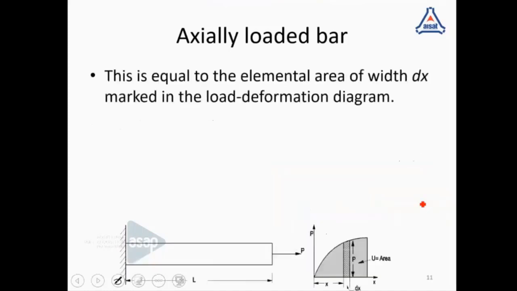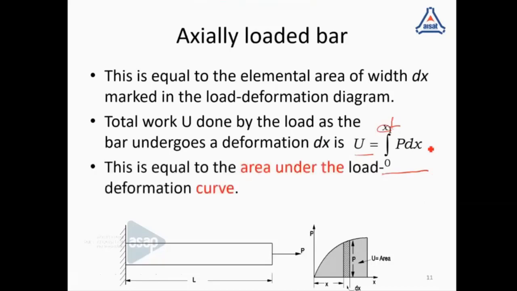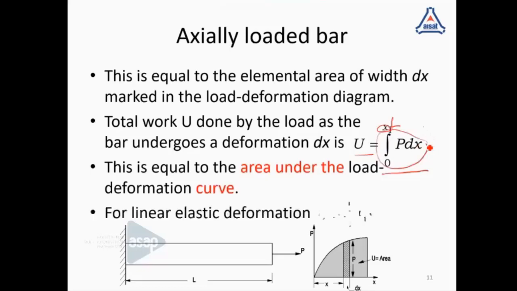This is, let's say, the total work done, given by the integral of P dx over the length x1 or L. Here it is taken as L. So integral 0 to L P dx. By integrating those, we can get the area under the curve. The area under the curve is defined by this integral. So we can write it like this, or we can write it as half P into L.